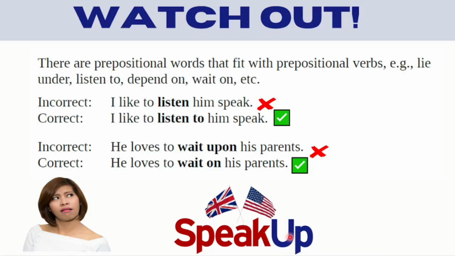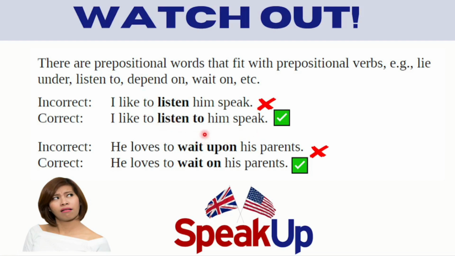And there are prepositional words that fit correctly with prepositional verbs. For example, lie under, listen to, depend on, wait on. Some ones are necessary. Look at this example here. I like to listen him speak. No. The correct should be, I like to listen to him speak.